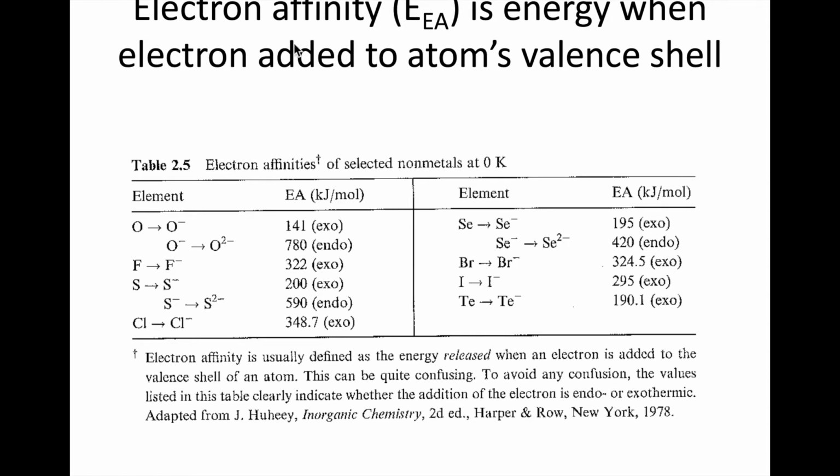And then the electron affinity, this is adding an electron to the atom. This table, also from our book, can do that. In this case, we would be looking at chlorine, which shows you that going from Cl to Cl minus, so adding one electron, is exothermic, and it's exothermic by this amount.